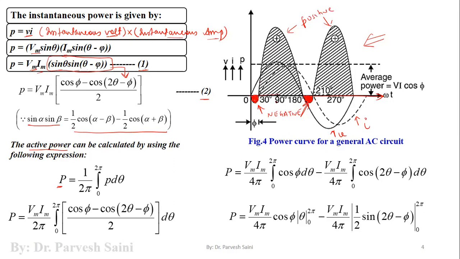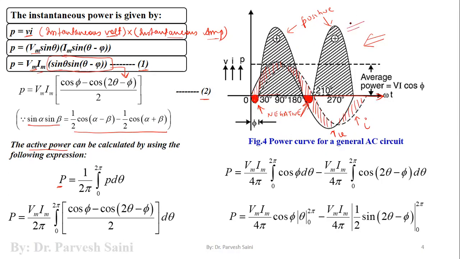Now, how did we get this curve here? This curve has been obtained by multiplying the instantaneous values of current and voltage together, and then we got the positive and negative curves of the power. What does this positive curve and this negative curve indicate?